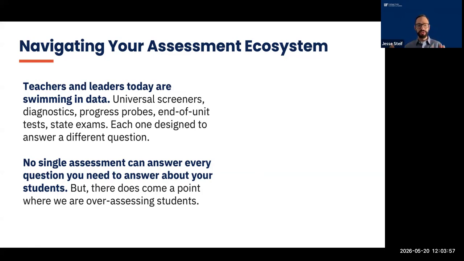We have universal screeners, diagnostic assessments, progress monitoring probes, end of unit tests, state exams. We have so much data at our fingertips, and what is needed is a useful framework or heuristic to help us put this data into the right box or the right frame of thinking.